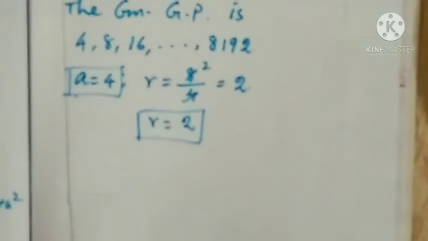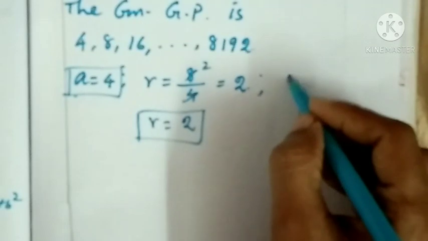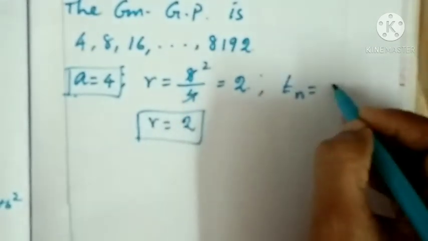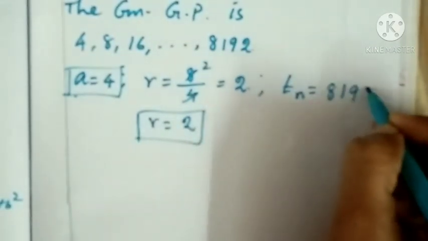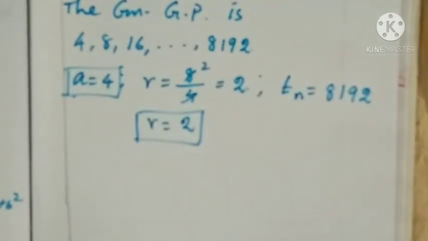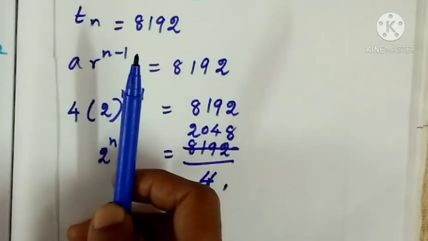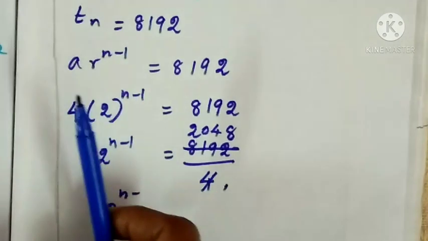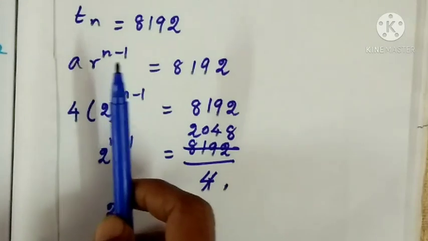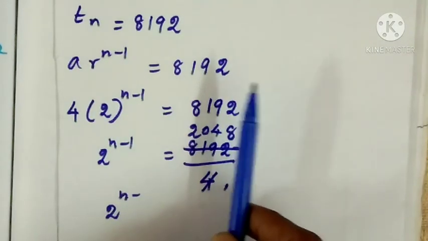Then the nth term is also given, that is Tn is equal to 8192. You have to apply the nth term of GP formula, that is A into R power n minus 1 is equal to 8192.